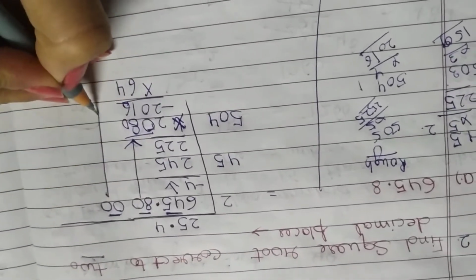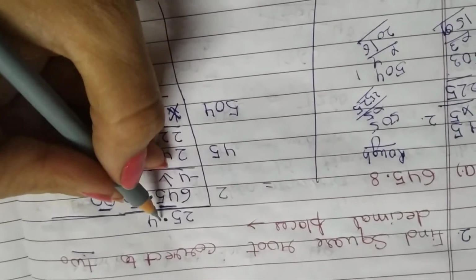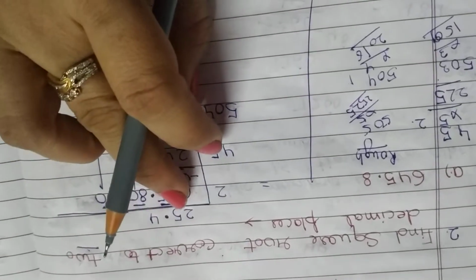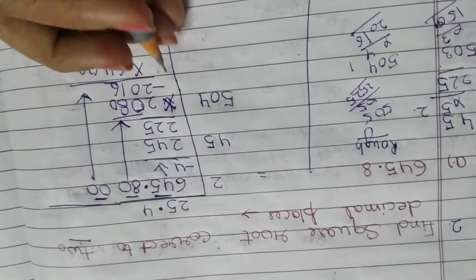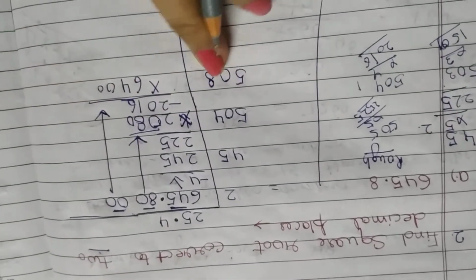Now the next pair, that is 00, and double of 254. Now we are leaving the decimal here, it becomes 254. Double of 254 is 4 4s are 8, 5 5s are 10, 2 2s are 4 and 1 5, 508.